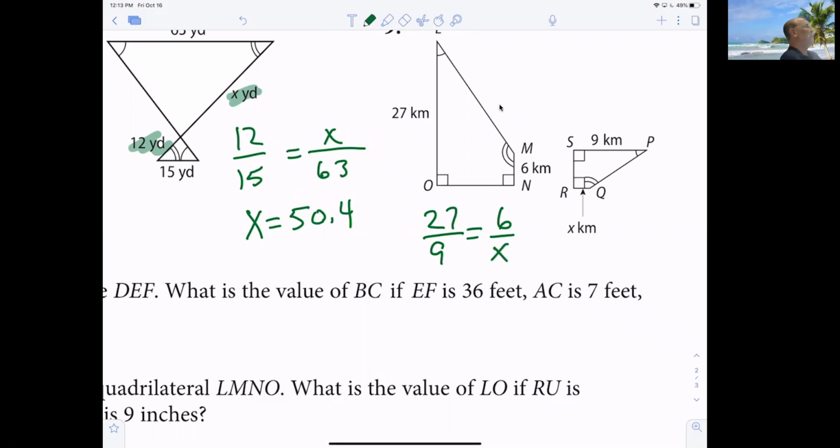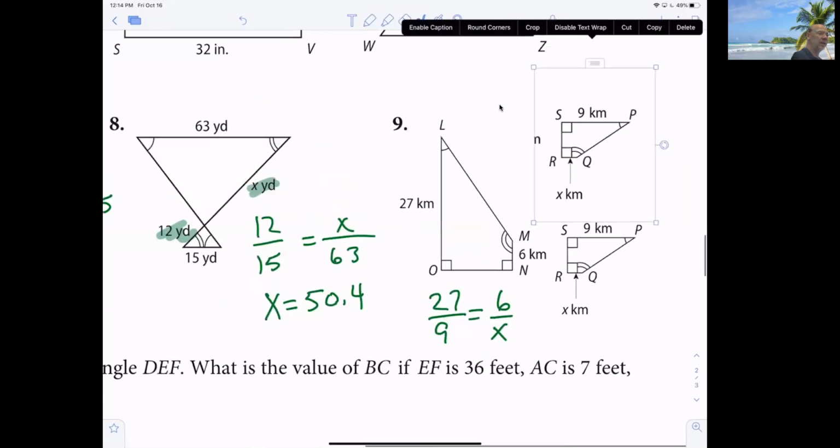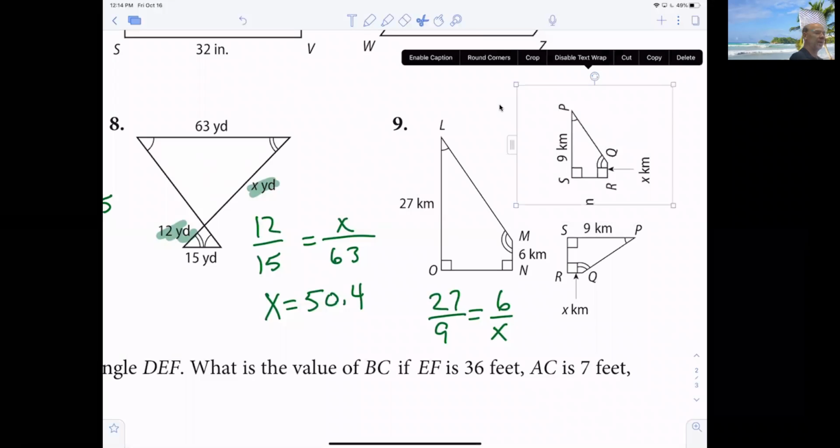Uh-oh, Jolie got thrown off. Yeah, I copied and pasted it. That's a great idea for the iPad. Look what she did. I copied and then I pasted and then I turned it this way.